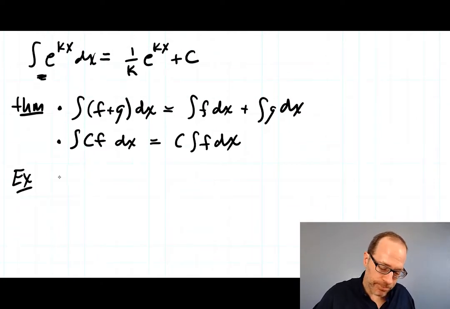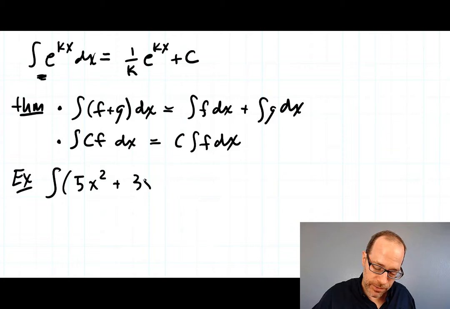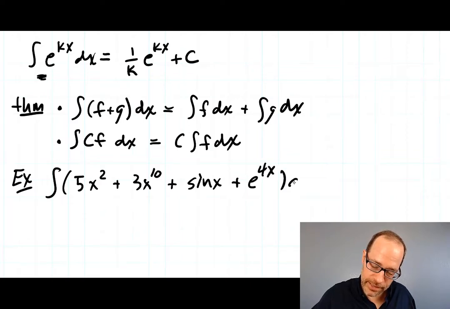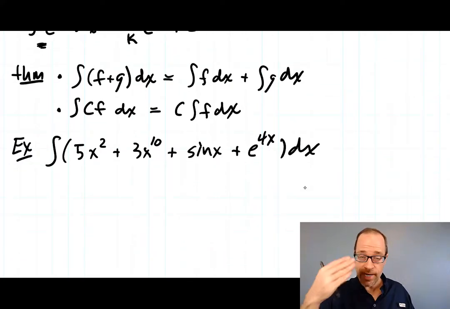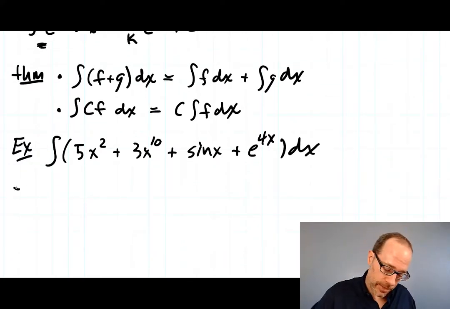So for instance, let's do the integral of 5x squared plus 3x to the 10th plus the sine of x plus e to the 4x dx. Okay? So we use these rules just to break this up into small pieces.